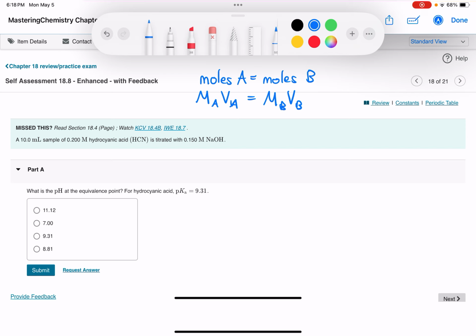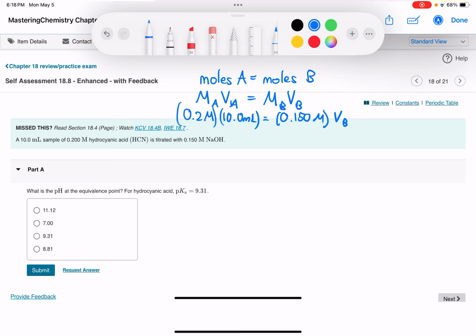Okay, so for the acid, we've got 0.2 molar and 10 mL. For the base, we have 0.150 molar, and we don't know what the volume is. So I'm starting by trying to find the volume so that I can then do the dilution step, the consumption step, the equilibrium step.